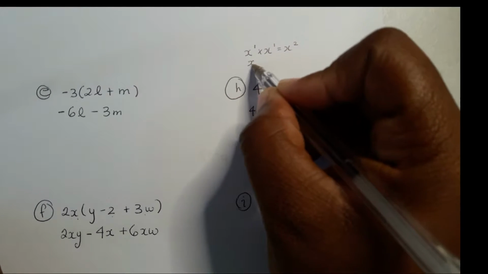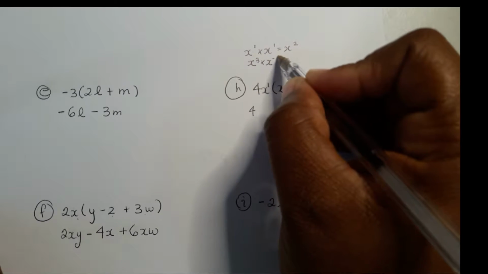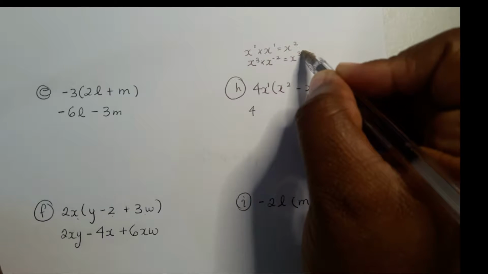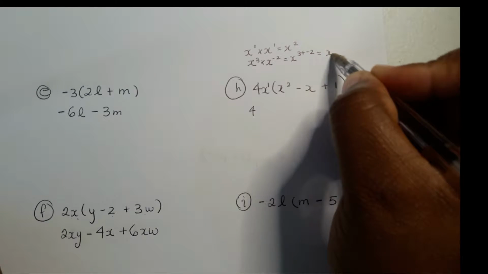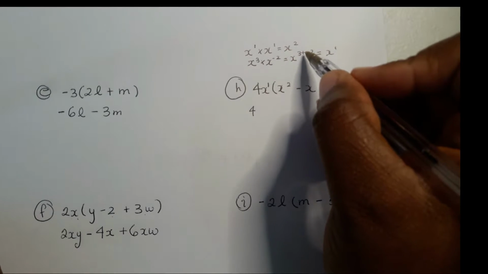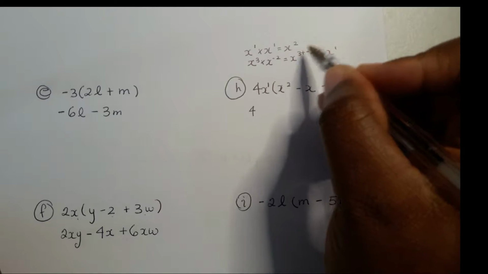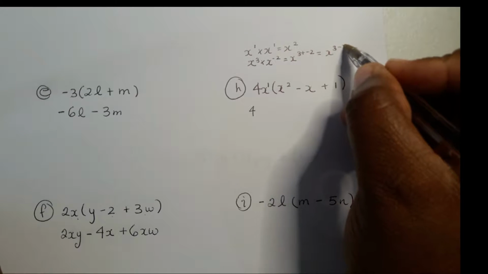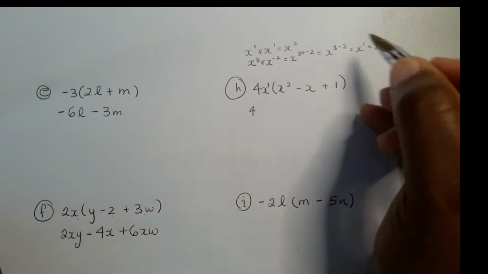Or when you have x cubed times x to the negative 2, you just add them: x to the 3 plus negative 2, which is 3 minus 2, which will give you x to the 1, which is really x.